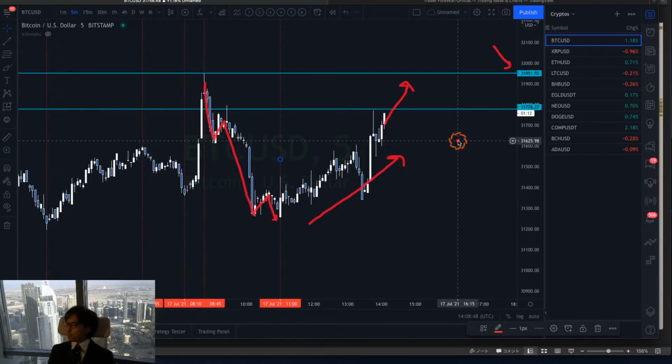I see charts this way in the lower time frames, and also basically on any time frames. So we have to be very precise on which way the market is going and whether it's uptrending, downtrending, or ranging.